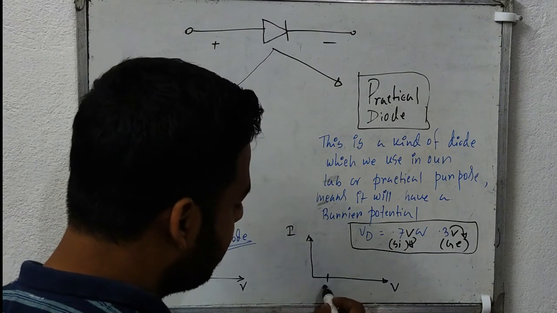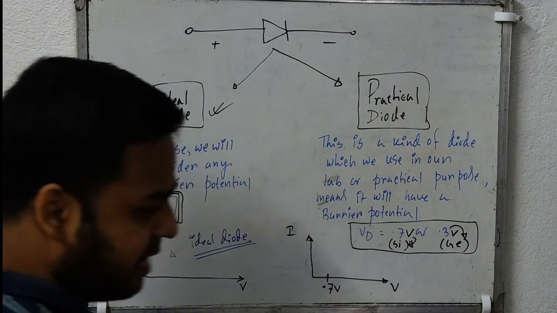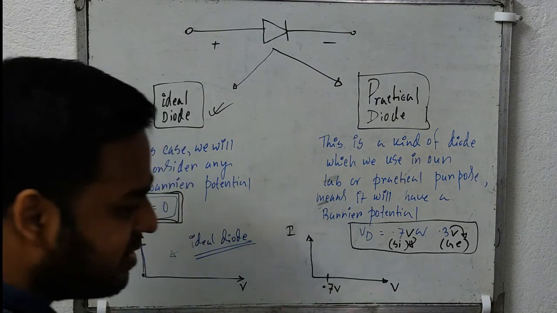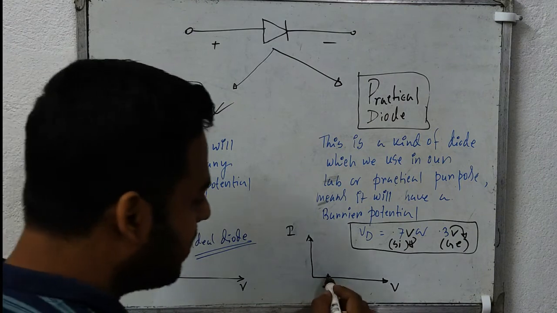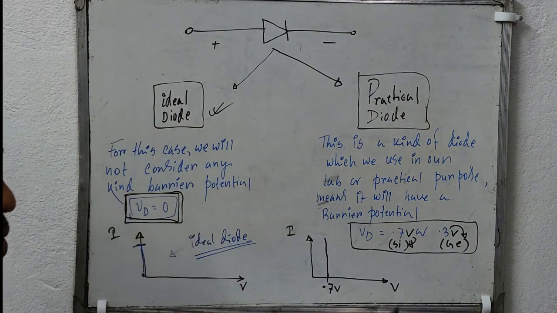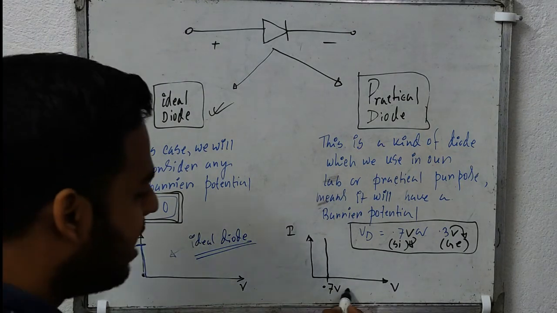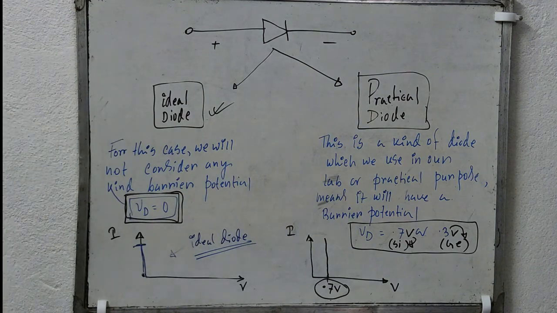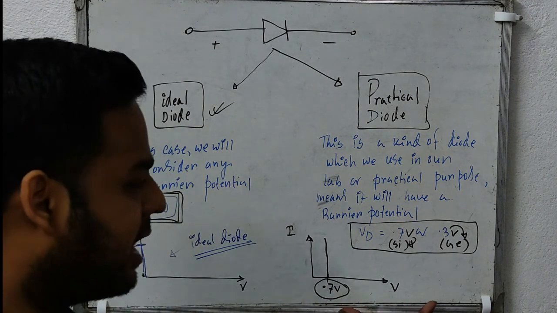Let's take this as 0.7 volt for silicon. When 0.7 volt arises across the diode, it will allow current to flow through the diode. So at 0.7 volt the current will flow. This is the ideal, this is the practical.